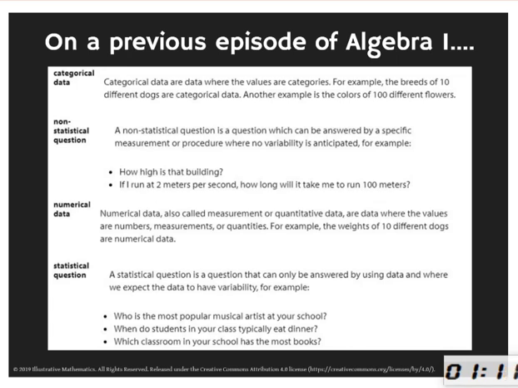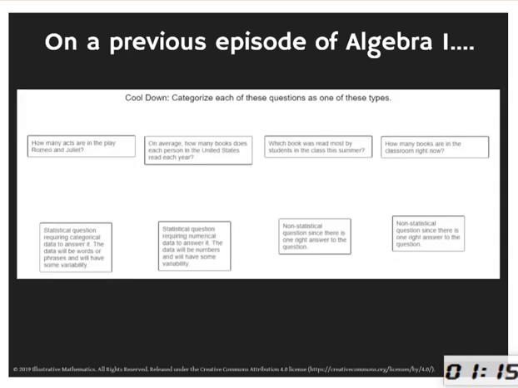We're gonna take a look at the question that we had. So we had 4 different questions, and you were asked to categorize each of these questions into different types: statistical, non-statistical, categorical, numerical. All right, so what I want to do is give you a couple minutes. I want you to try to match these up again. So we will reconvene at 3:30 and go over this.